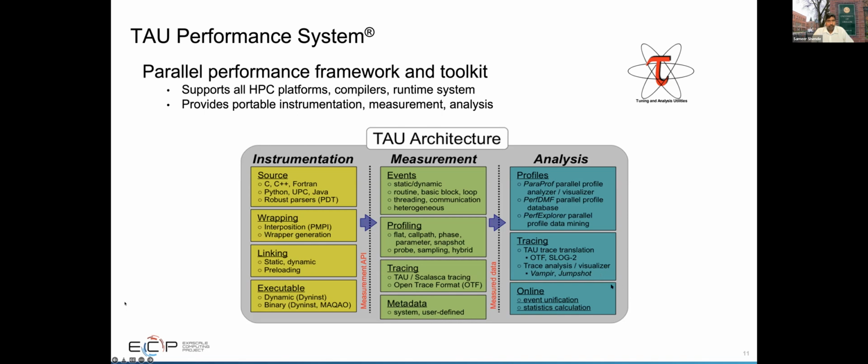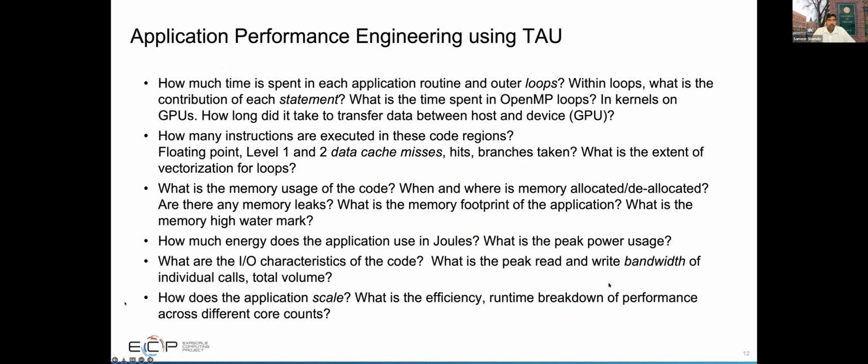So in case you're wondering what tau can be used for in the performance engineering of codes, well, it can show you where the application is spending its time at the routine level, outer loop level, even at the statement level, or the OpenMP loop level. It can show you the execution time in kernels operating on GPUs and how long it takes to transfer data. It can show you instructions executed in these codes, hardware performance counter data from PAPI or LIKWID.